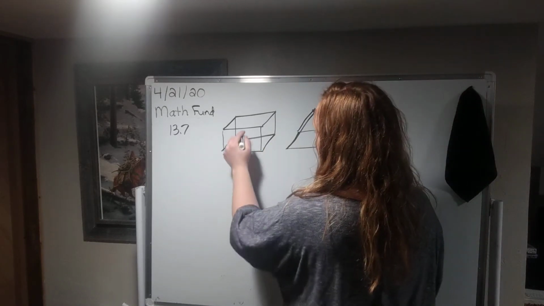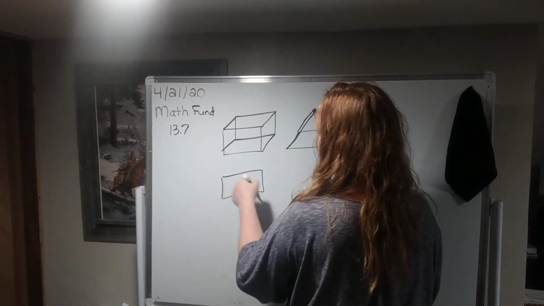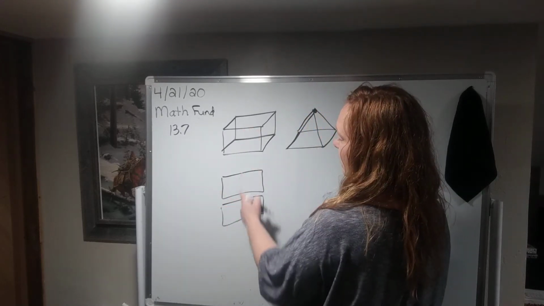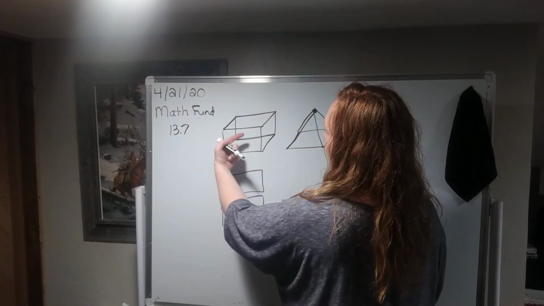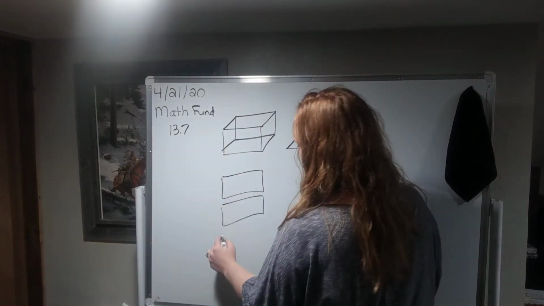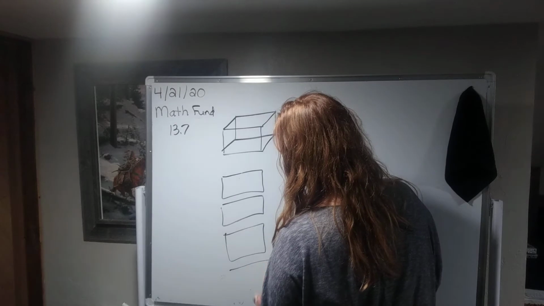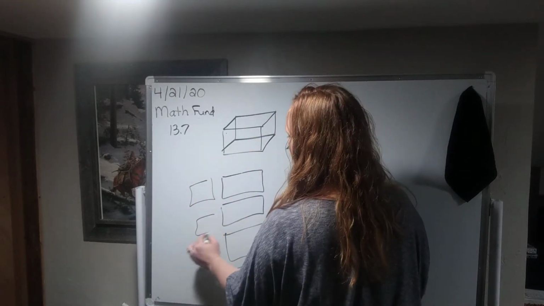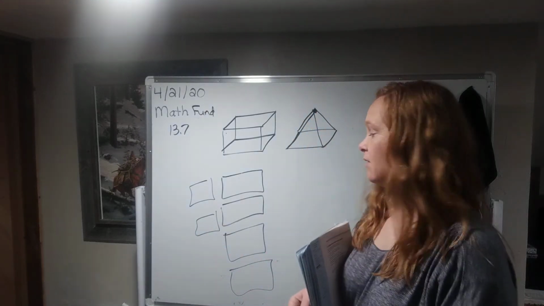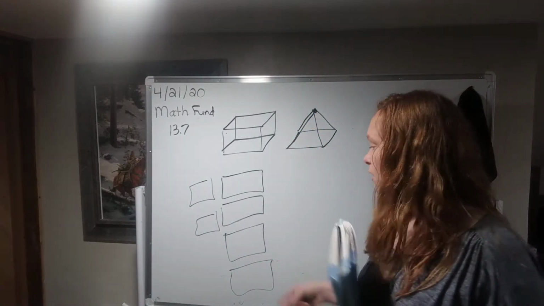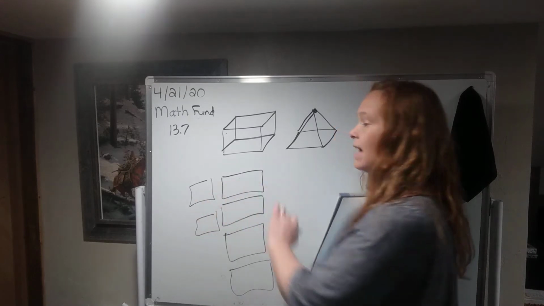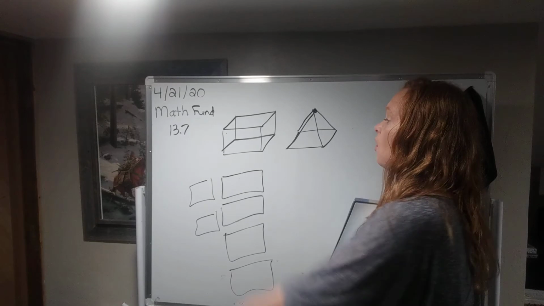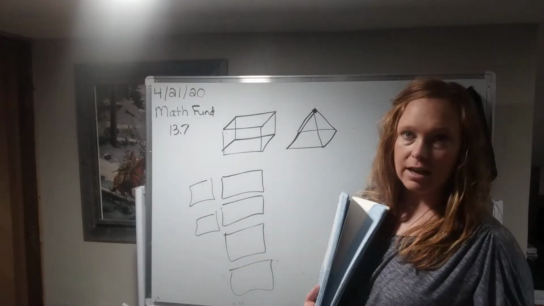For instance, if it were this one, I would need to find the area of the base and the area of the top. They would be the same, wouldn't they? Then I would need to find the area of the front and the back. Then I would need to find the area of the sides, right? If I unfolded this and laid it flat. And once I found the area of all these shapes, I would add them all together, and that would be my surface area. So surface area is the total of all the shapes, the area of the shapes.